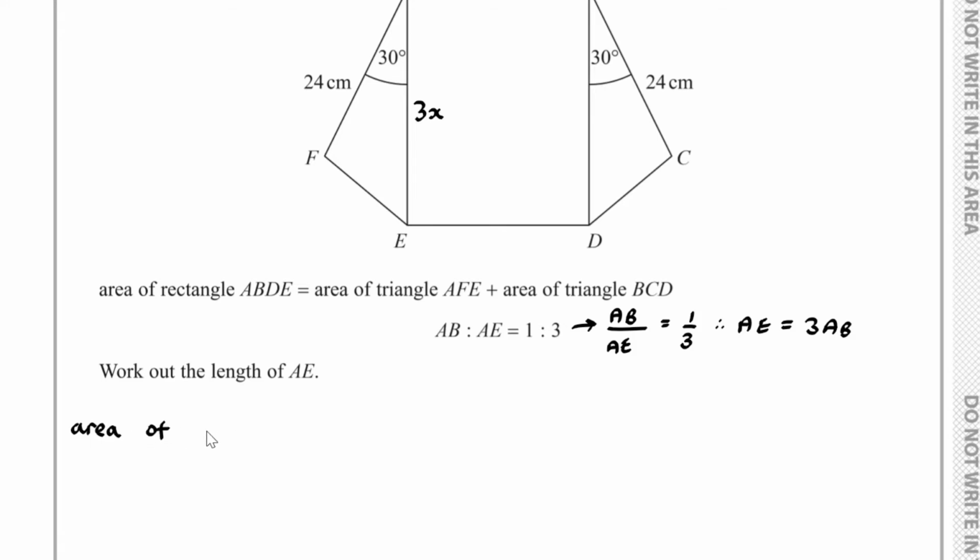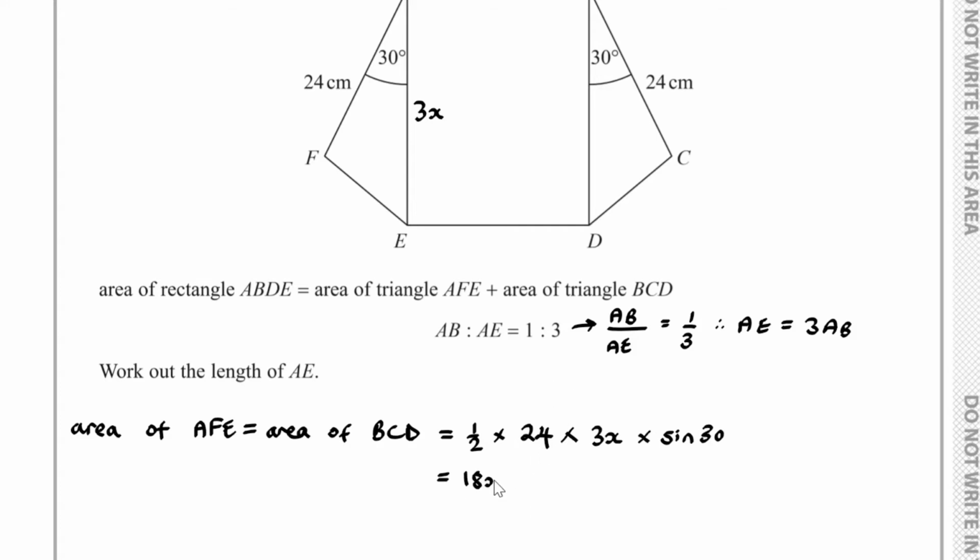So the area of AFE is obviously equal to the area of BCD. So working this out, we have a half times 24 times 3x times the sine of 30. So if we work all of this out, we end up with 18x centimeters squared.